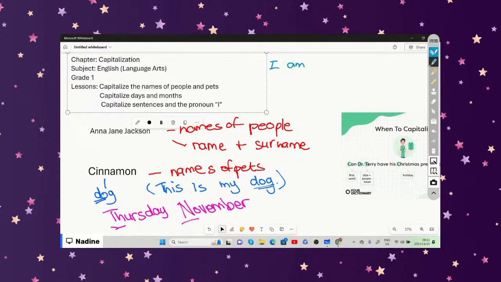Probably 6 or 7 years old. So this is the start of the sentence. So we use the pronoun I at the beginning of the sentence, and we can also use the pronoun I anywhere during the sentence.